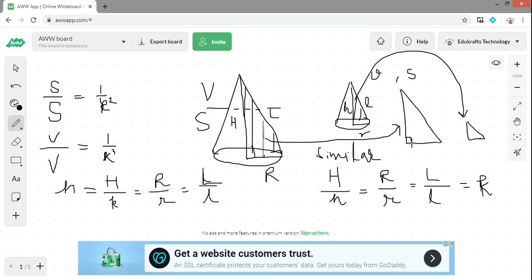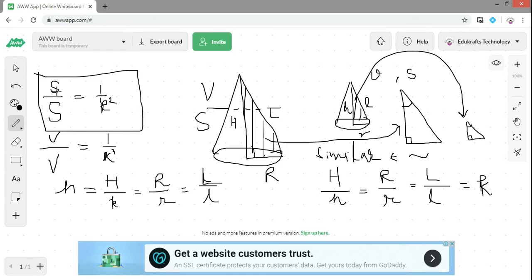So by the angle test, these two triangles are similar, and so the height of the original cone upon height of the removed cone, radius of the original cone upon radius of the removed cone, and slant height of the original cone upon slant height of the removed cone, all have the ratio factor k.